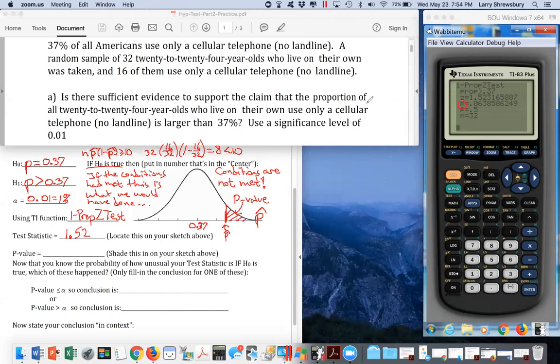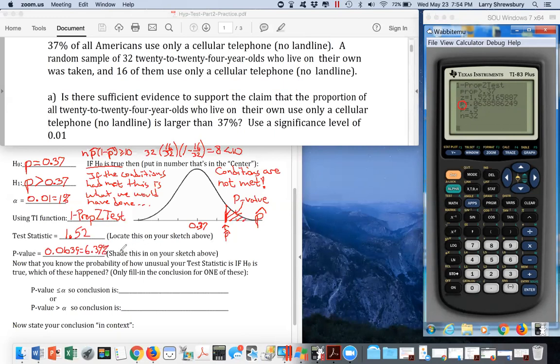So I don't care if that's what the calculator shows. Don't you dare do that. You're always going to write out p-value like here and like I did right there. So your p-value is 0.0639. So that's 6.39%.